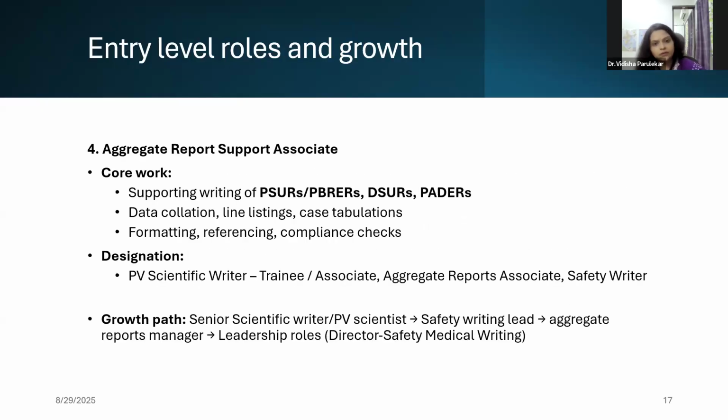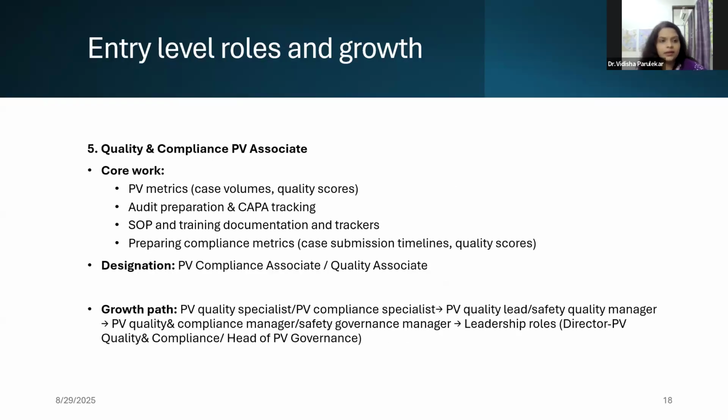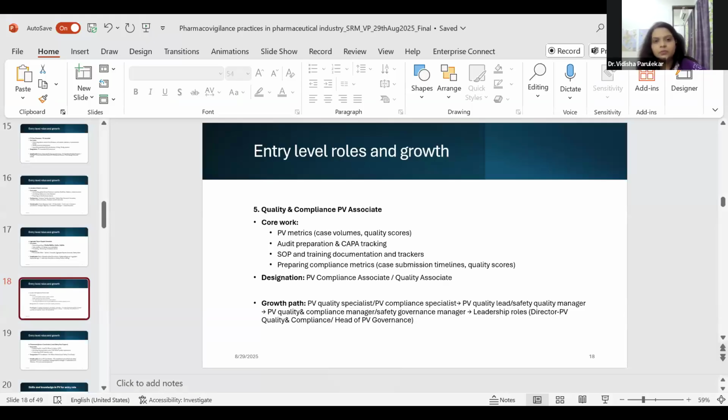Then aggregate report. This is a little senior level role. It's not an entry level role. You can shift from these roles to an aggregate report support role. Even I have understood from a few of my colleagues that regulatory submission roles are there, like regulatory publisher and regulatory submission.